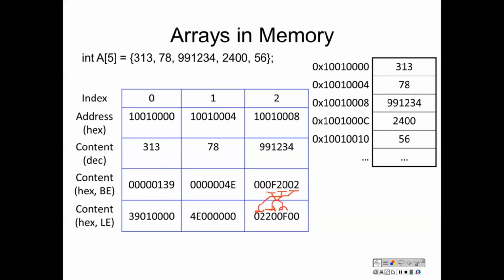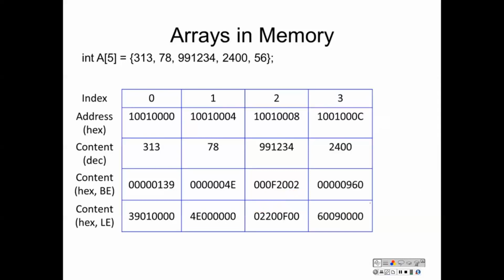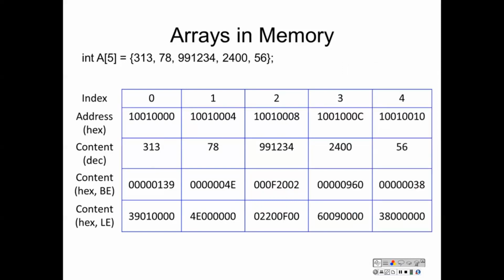Finally, the 00s on the end swap. So you can see how the Big Endian and Little Endian are sort of mirrors of each other, but not exactly. And the last two elements in the array, the third and fourth indexes, are like so. There's not much new or interesting here to see.